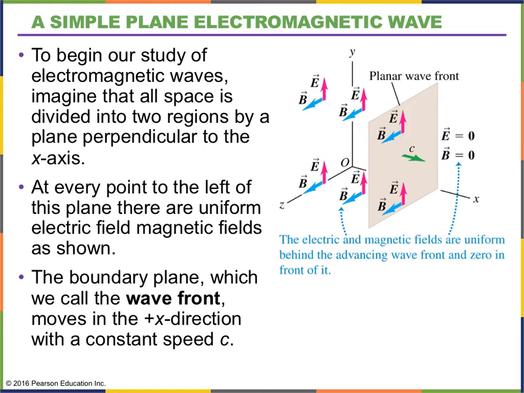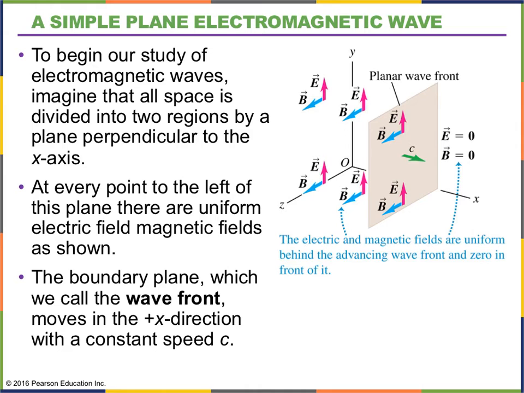We also call it the electromagnetic wave, and we're just going to assume it's a plane electromagnetic wave, which basically means that as the wave is traveling through space, we can think of the wave front as a plane where the electric field and the magnetic field lie in that plane. They are perpendicular to each other, and they're traveling here.